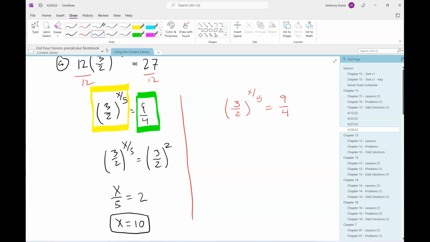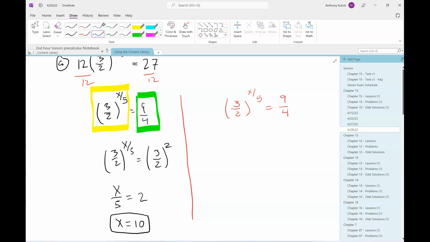Sometimes that's not trivial and it's rather difficult to do, or maybe it feels like it's impossible to do. It's never impossible. Well, I mean, if the number was equal to a negative or 0, it would be impossible, because we know an exponential can't give us a negative number or a 0. But, okay, so what could we do in this case if we had difficulty determining that 3 over 2 squared is the same thing as 9 over 4?